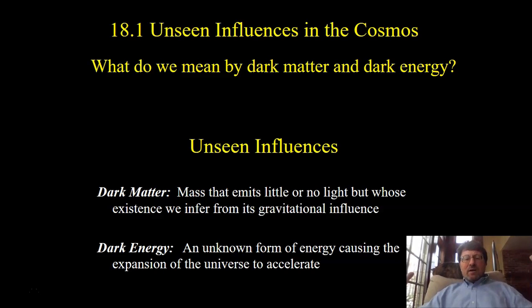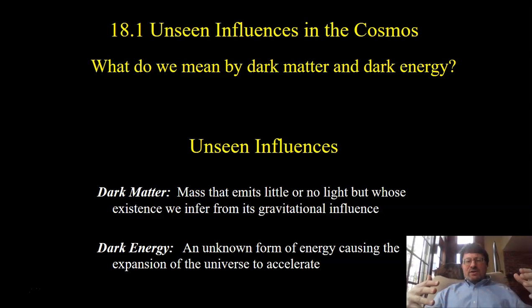So dark matter is, as the name implies, mass or matter that emits little or no light, but we can infer its existence by its gravitational influence on other things. And so things do gravitationally fall to dark matter, but you're not able to see it, and light will pass right through it. Dark energy is an unknown form of energy, and so it's not entirely understood.